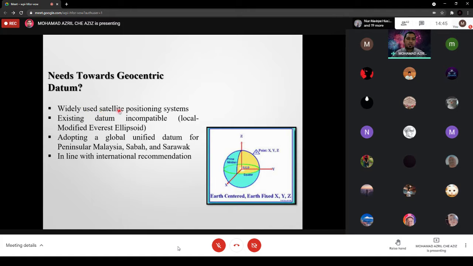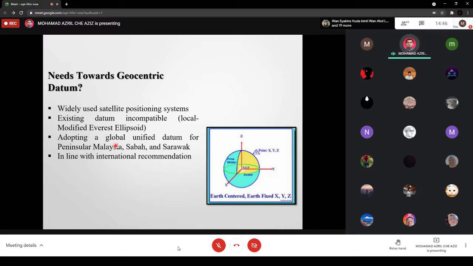Why use a satellite positioning system? Why change from the classic MRT 68 to GDM 2000? Because we started to use satellite positioning systems in all areas, and the existing datum is incompatible. The existing datum refers only to the local, not global.